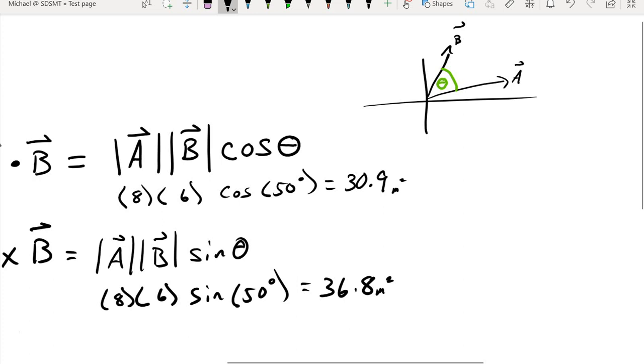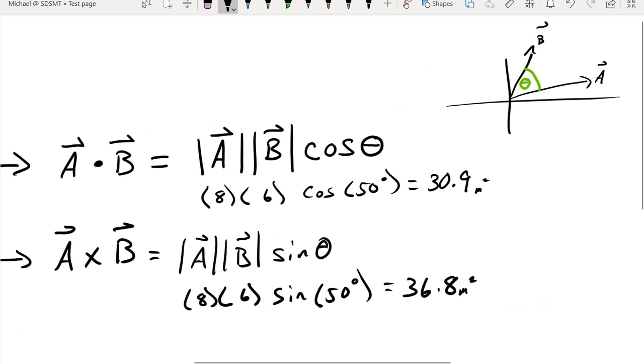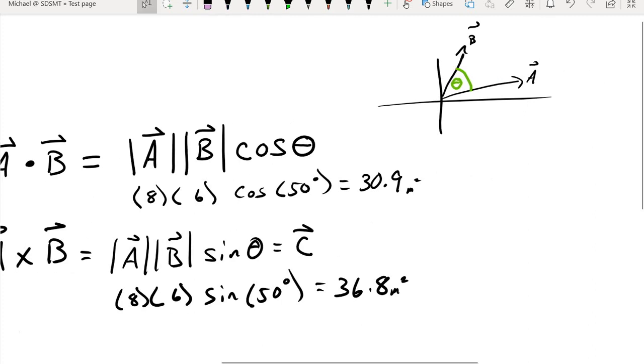But now, because this is a cross product, maybe we could call this combination vector C, because our cross product will produce another vector. Vector C has a magnitude of 36.8 meters squared, but now I need a direction for that vector to point.